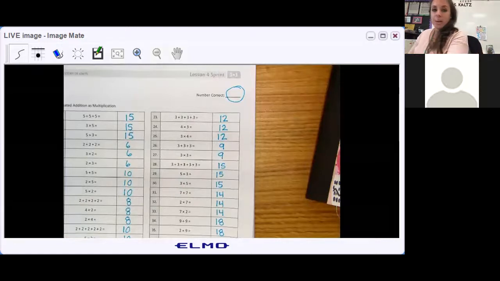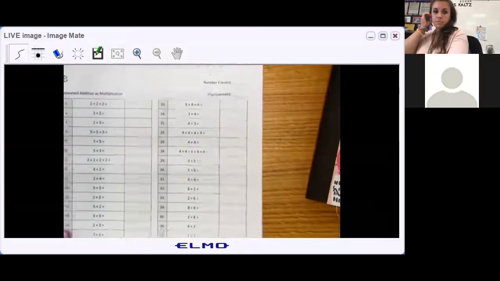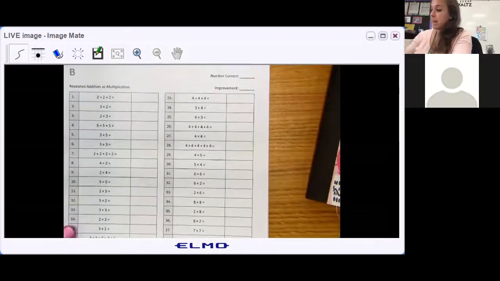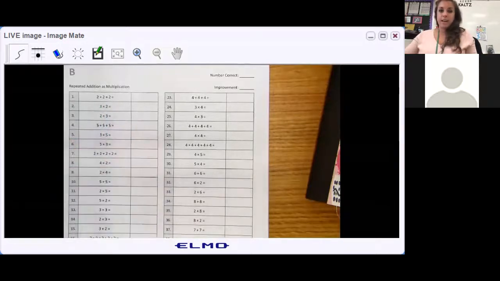Okay, we're going to do another sprint on page 13. Same format where we have the repeated addition into the 2 multiplication facts. So you're going to have another minute. On your mark, get set, go.